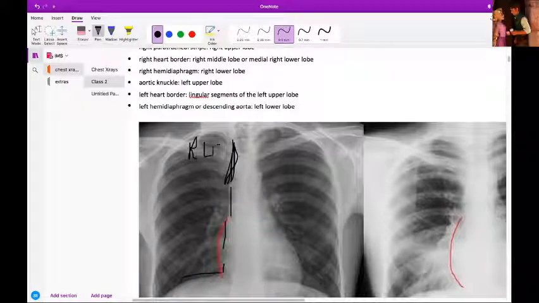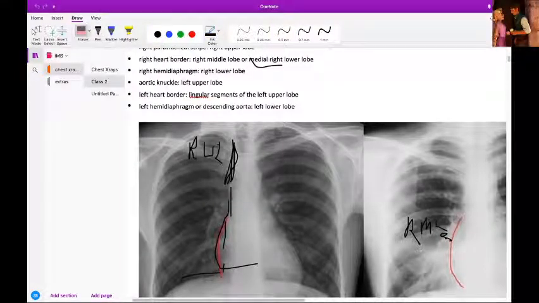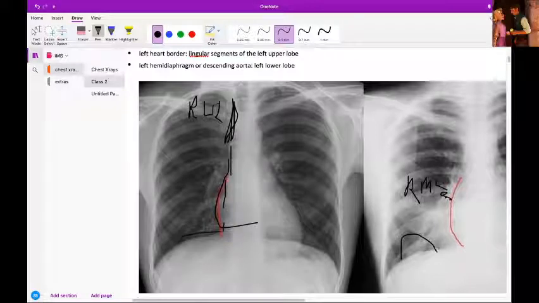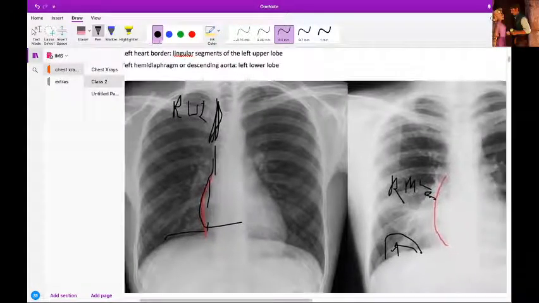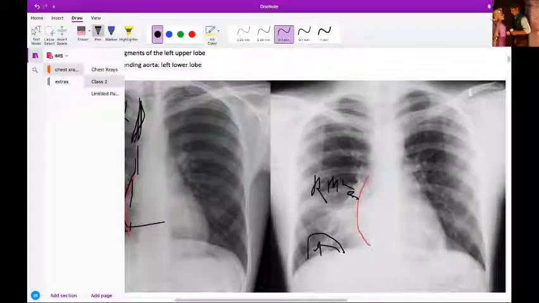If the right heart border is obliterated, then the lesion is in the right middle lobe or medial parts of the right lower lobe. If the diaphragm is obliterated, then it is the right lower lobe.